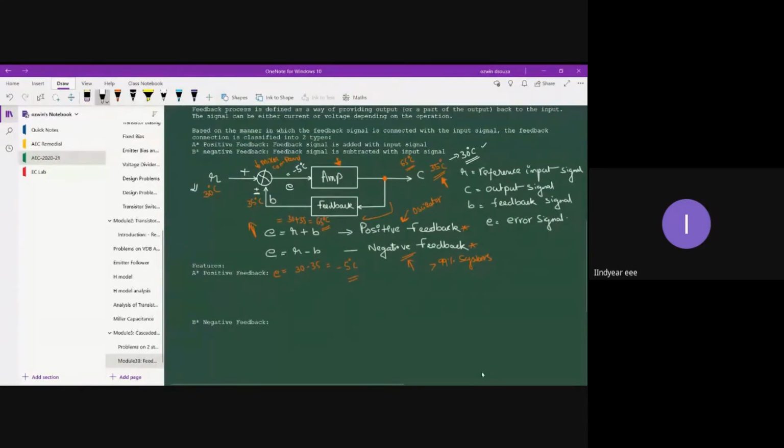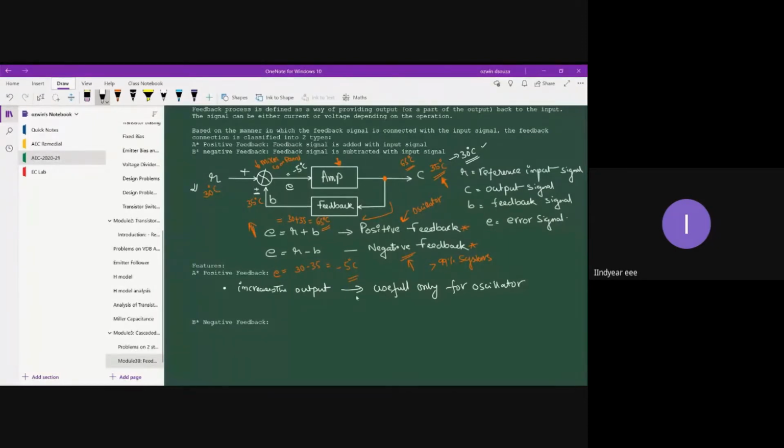Now let me talk about the features. The only good thing about positive feedback is that it increases the output, which is useful only for an oscillator. In the case of an oscillator, we want our output to grow, so in order to increase the output, we go for a positive feedback topology.